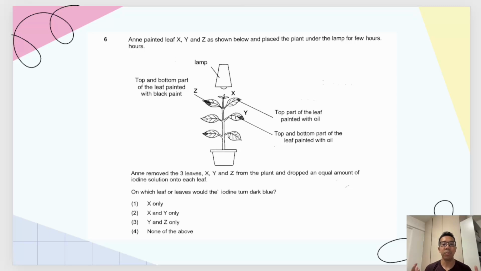For some of you who might know, oil interferes with gas exchange. Seeing how leaf X is painted with oil on the top part of the leaf, it would not affect the gas exchange. And thankfully, light energy is still able to pass through the oil, and light energy can interact with the chlorophyll on the top side of the leaf.